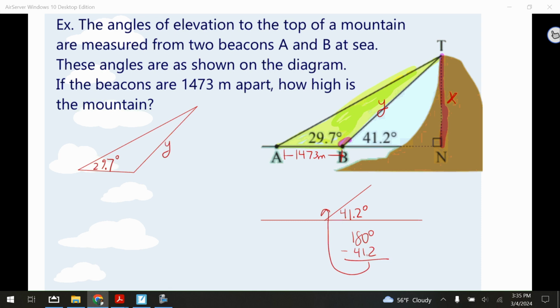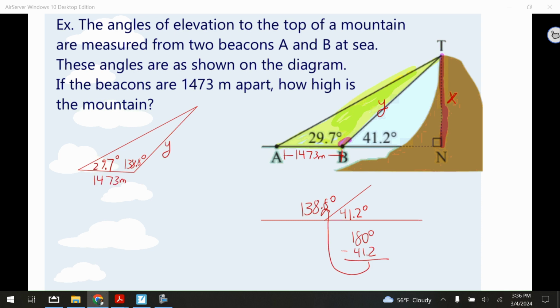So when I do the subtraction, I get 138.8 degrees. So I went ahead and took that from the diagram and put it into the triangle over there. I need to find Y.